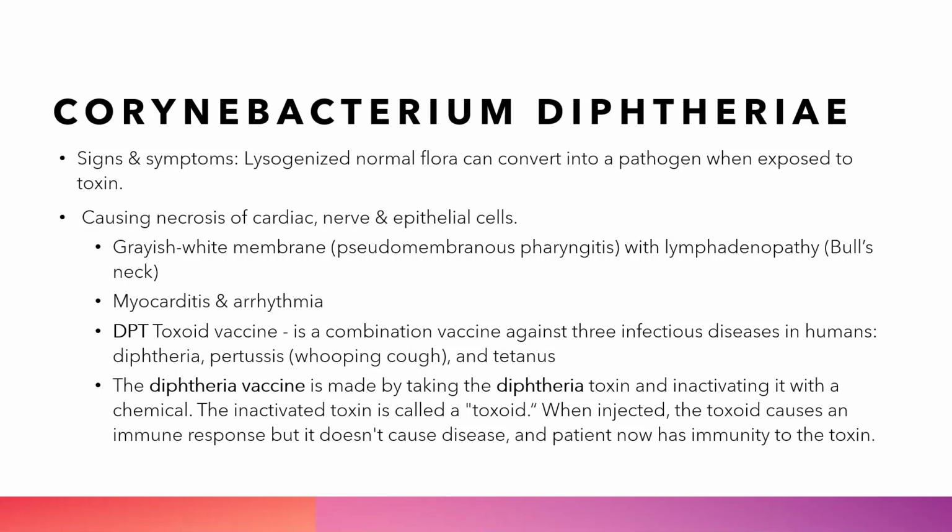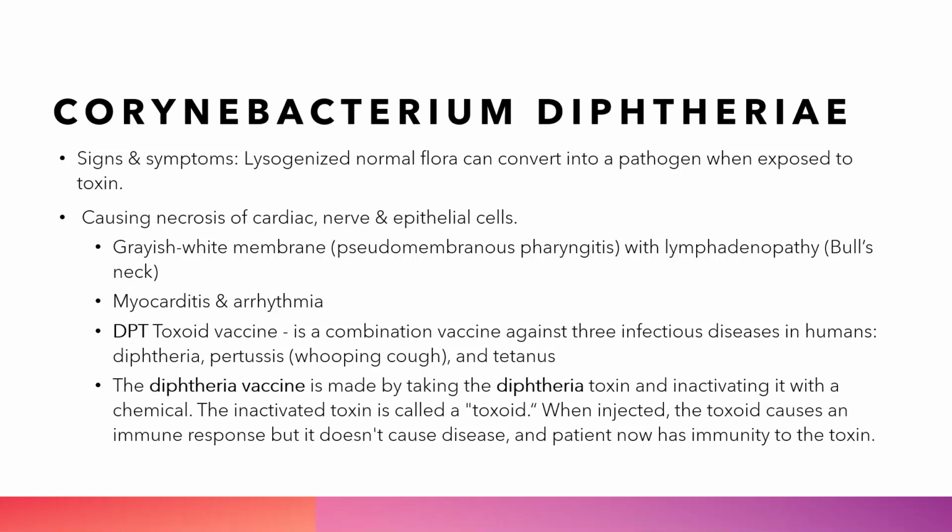This is a gold standard high-yield fact that you need to know: the gray-white membranes are for Corynebacterium diphtheriae. It causes necrosis of the cardiac cells, so this will lead to myocarditis and arrhythmias. But again, the high-yield takeaway here is the gray-white pseudomembranes.